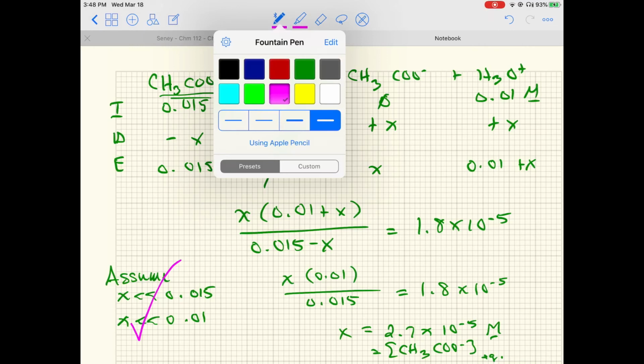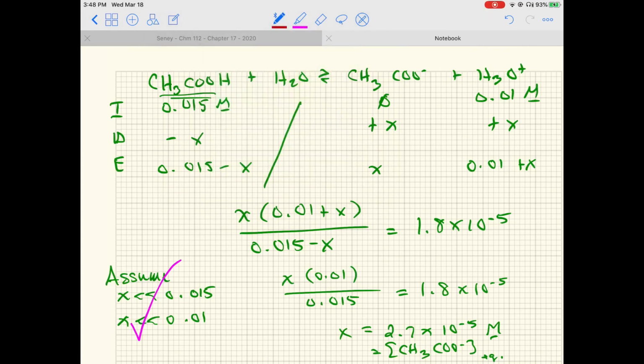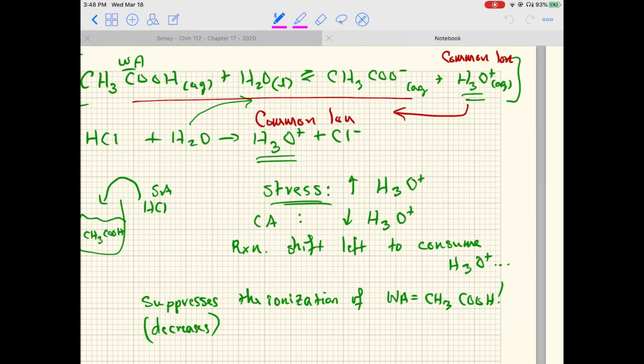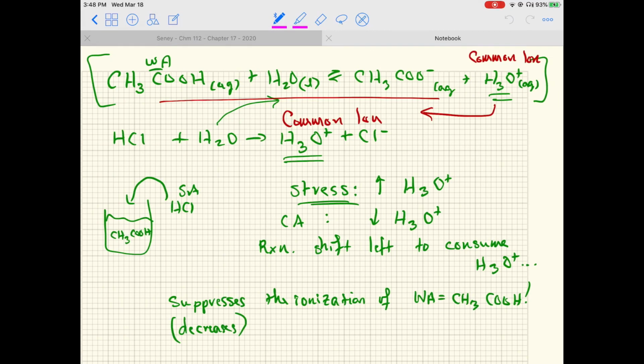And another thing that I want you to note on this ultimately, so if what we said earlier was true, so for example, here we said that if we add that H3O plus, then the system should counteract and it should decrease and shift to the left.